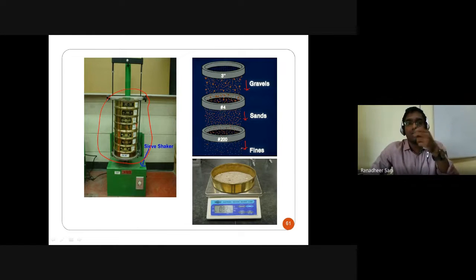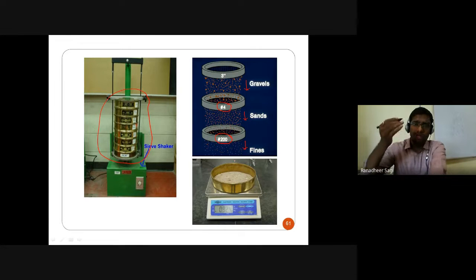Generally we are going to come across a set of sieves varying from sieve number 4 to sieve number 200. Sieve number 4 is the sieve which has a sieve opening of 4.75 mm, and sieve number 200 is the sieve which has an opening of size 75 microns.